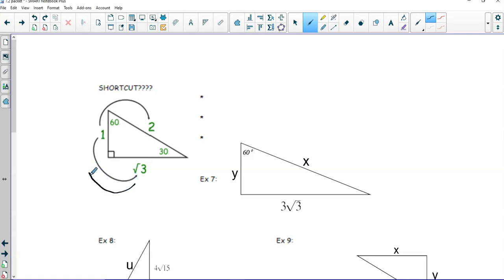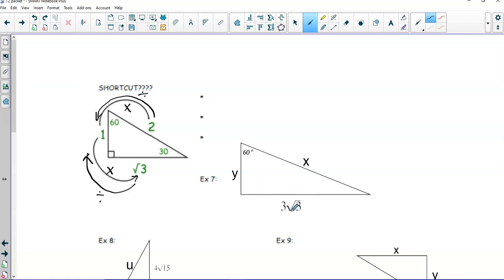Since you multiplied by the square root of 3, remember to divide by the square root of 3. So you multiply to go that way, and you divide to go that way. Then from here to there, you multiply, and if you're going backwards, the opposite of multiplication is division, so you divide.